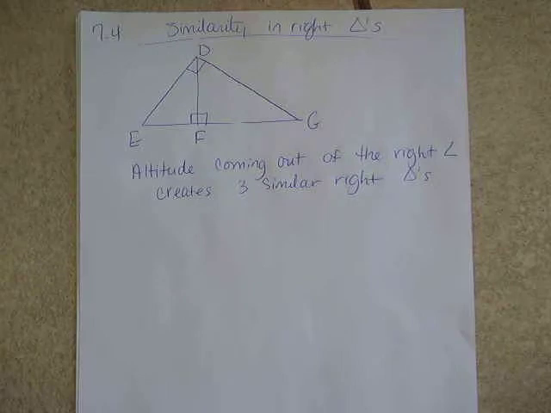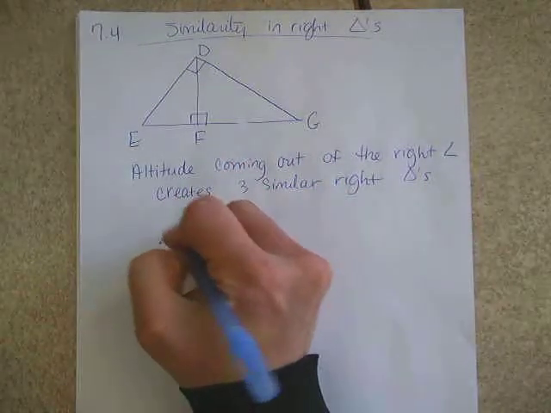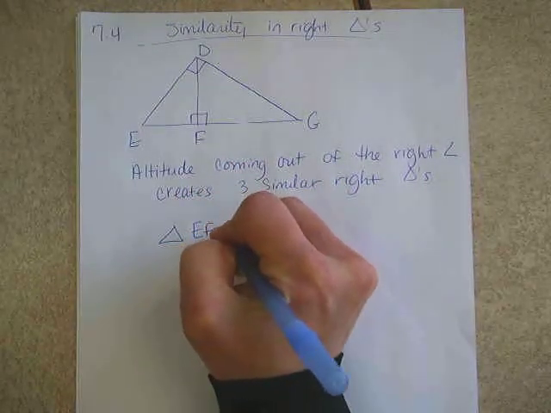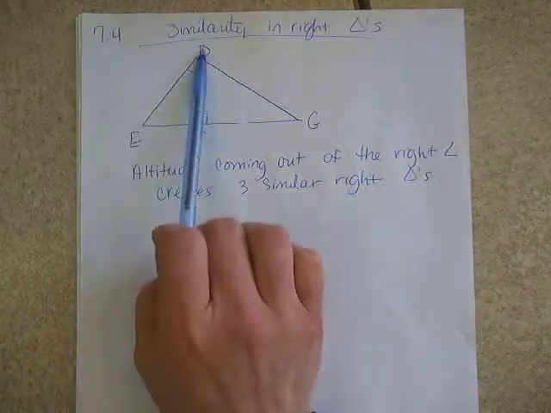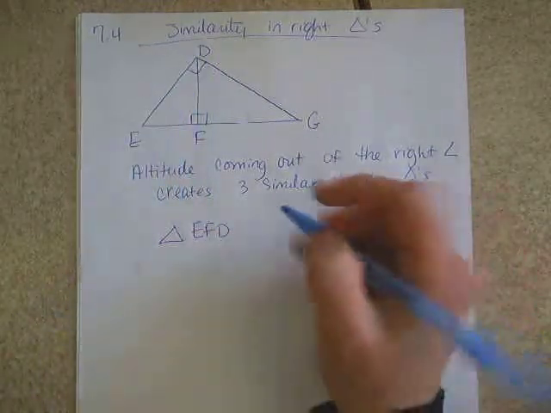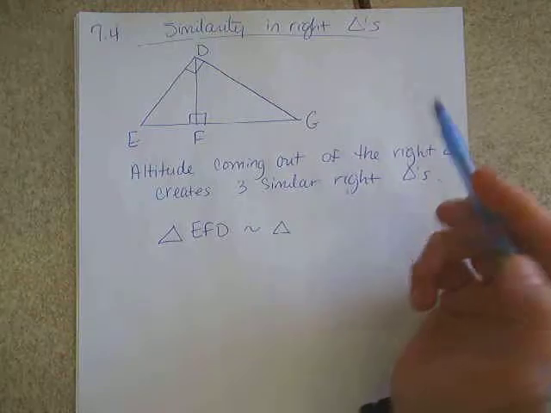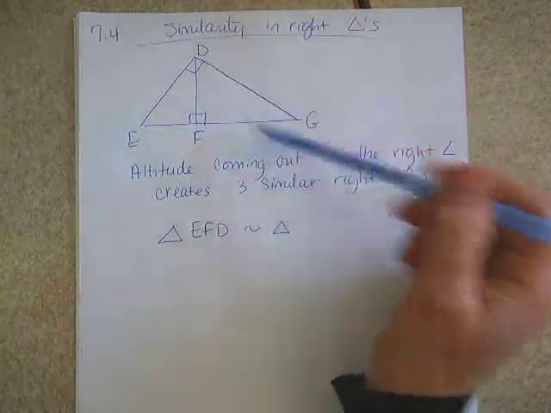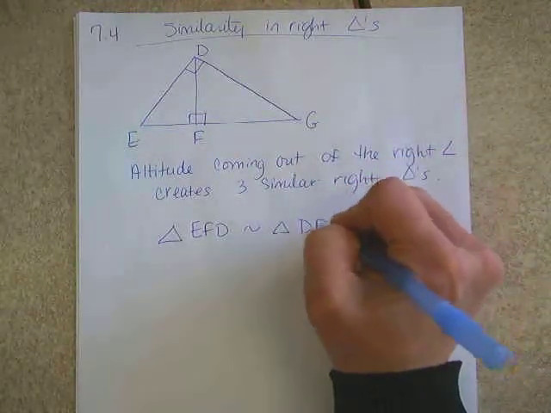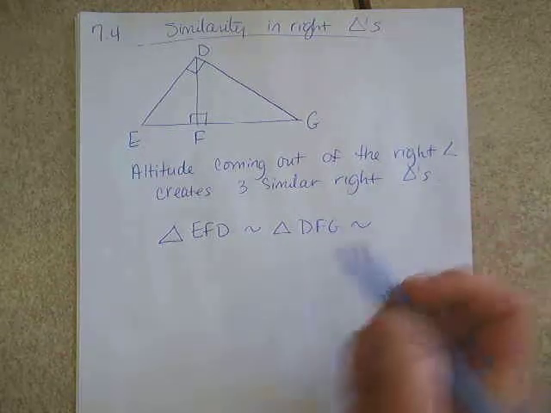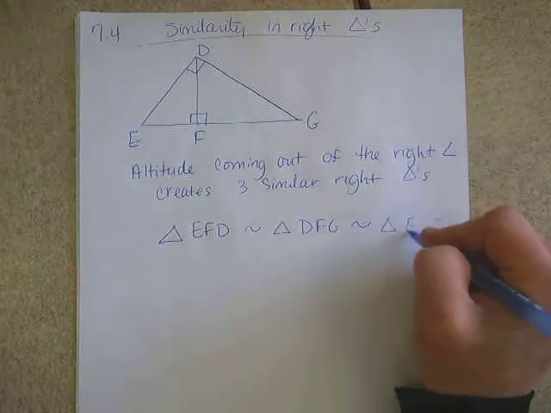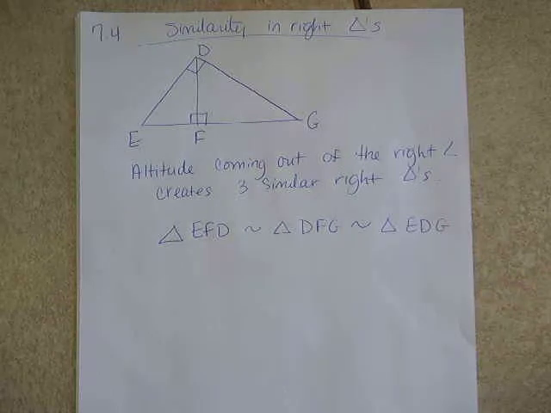And we can set up an extended similarity statement to say triangle EFD, this guy right here, is similar to triangle DFG, and both of those are similar to triangle EDG, the big one.